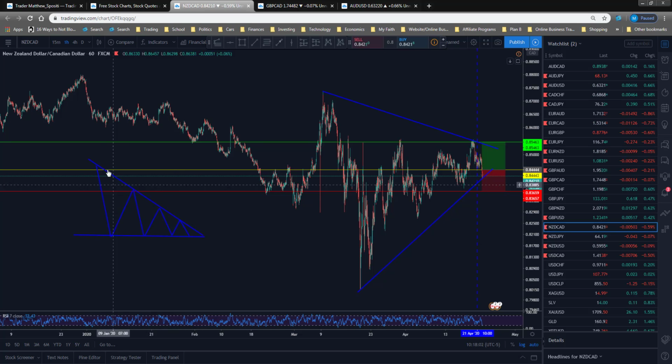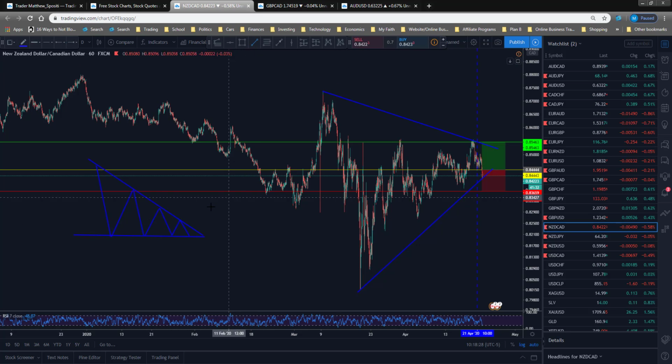This is a descending triangle because the market is bouncing off the same point, but the highs that it's creating are lower every time. So the market continues to bounce lower, lower. It's like a little bouncy ball, for those of you who remember your childhood, bouncing lower, lower, lower. It's losing energy, it's losing momentum, and essentially it's descending.